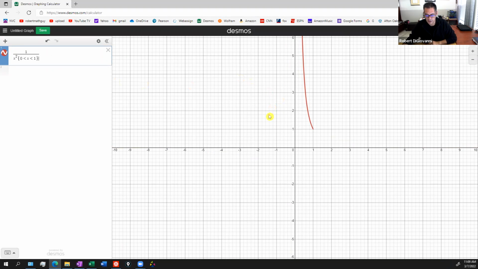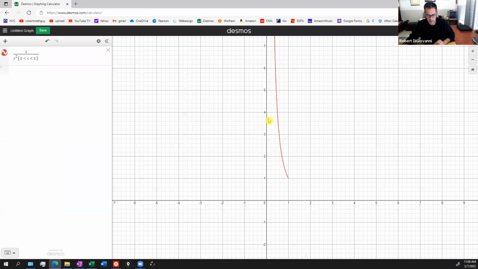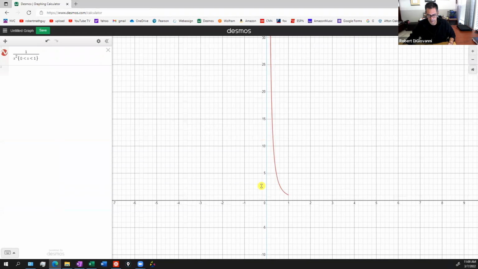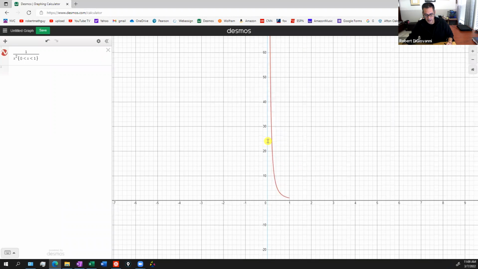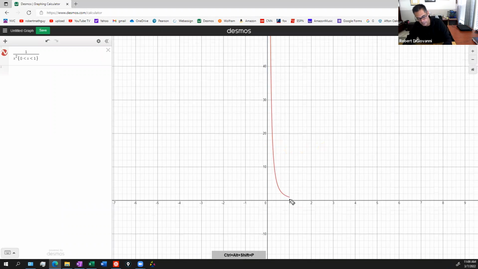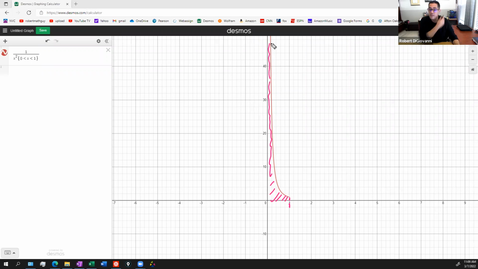Okay, there's the graph. Let me shrink this down. That kind of gives you some idea of what we're trying to do. We're trying to find the area. Here's 1, right? We're trying to find this area in here, but we've got this discontinuity on the left-hand side, right? So let's go after it.